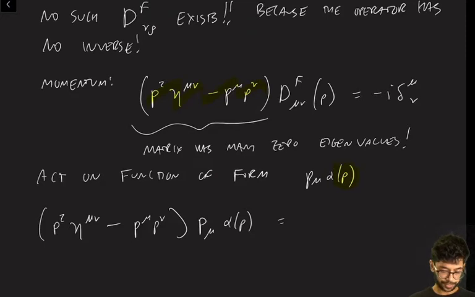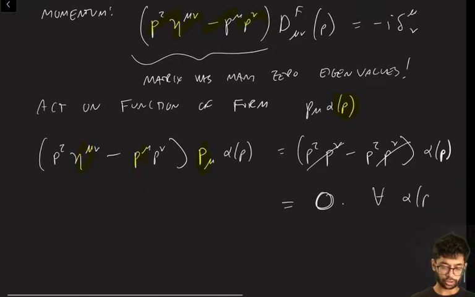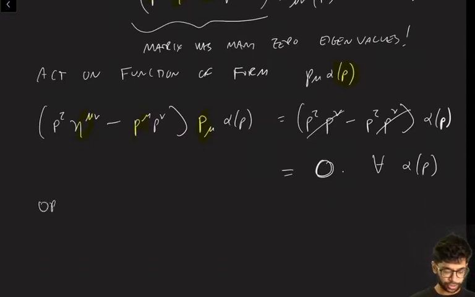So what do we find? Well, this term here just raises the index on the p mu and makes it a p nu. This term here, the p mu and the p mu combine together to give me p squared, and so I have p squared p nu minus p squared p nu, and thus this is equal to 0. Okay. In fact, this is equal to 0 for all choices of the function alpha of p. So what that means is the differential operator has a non-trivial kernel. And if you recall what that means, it means that it cannot be inverted.